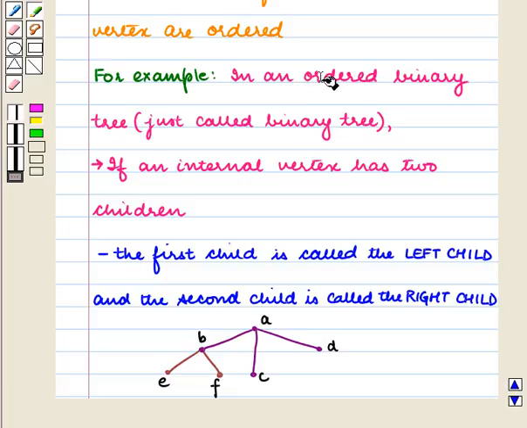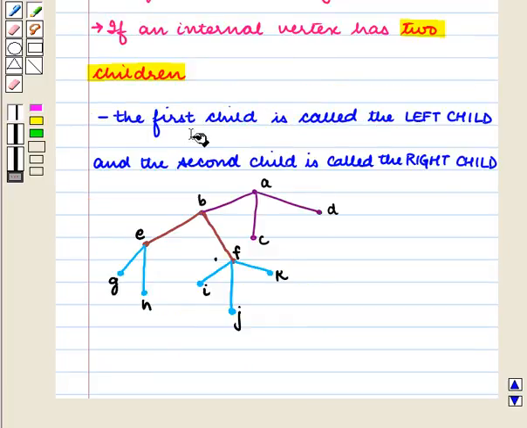For example, in an ordered binary tree, which is just called a binary tree, if an internal vertex has two children, the first child is called the left child and the second child is called the right child.